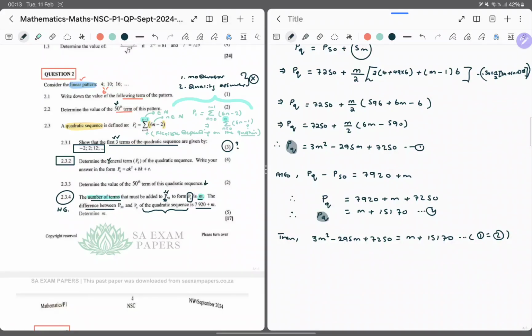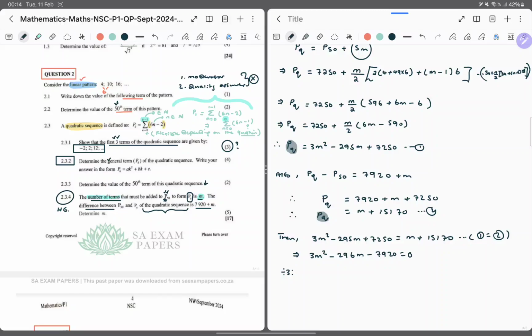If someone is asking, this is quite obvious. So we write our quadratic in standard form: 3m squared minus 296m minus, because this is going to be a bigger number, 15170 minus 7250 is 7920, equal to 0.